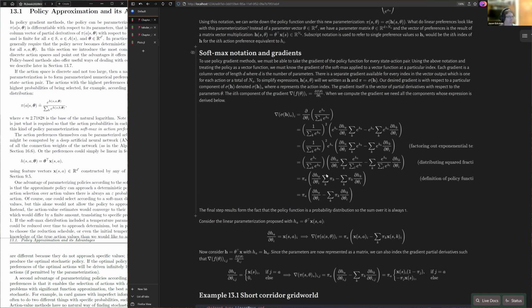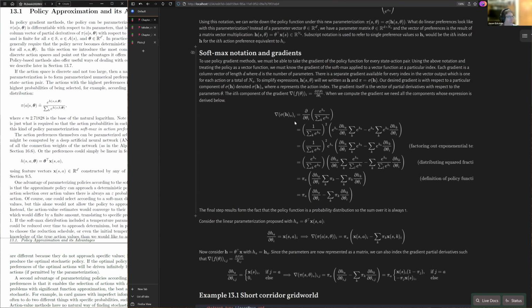But this sum is just the sum of a probability distribution, which is just 1. So this goes away completely. And what we're left with is just this expression that involves the partial derivatives of the preferences with respect to the parameters and the actual policy function itself.